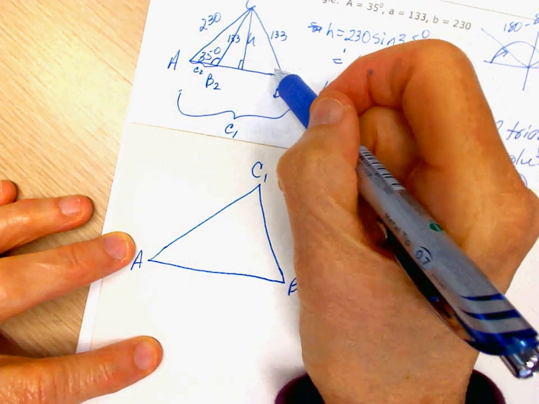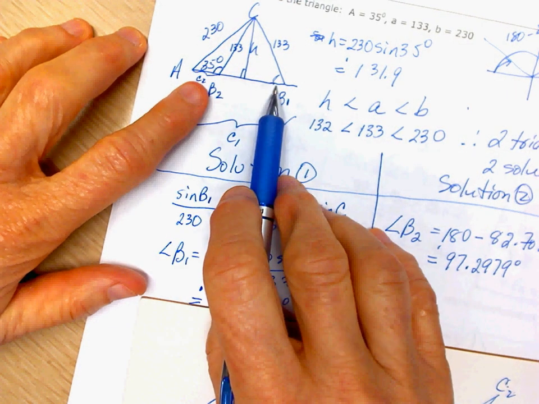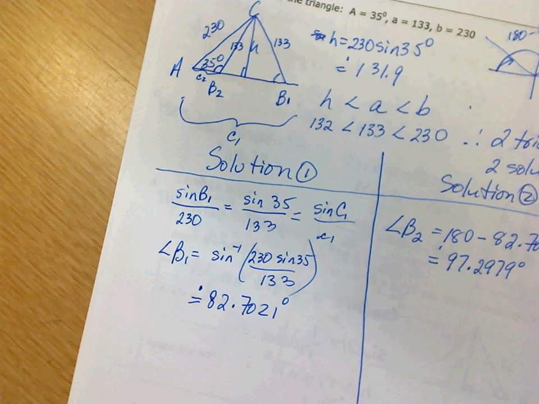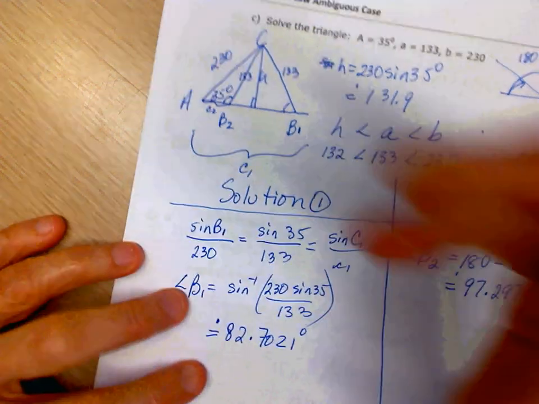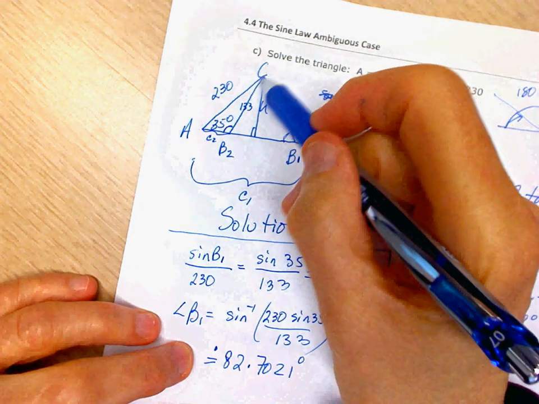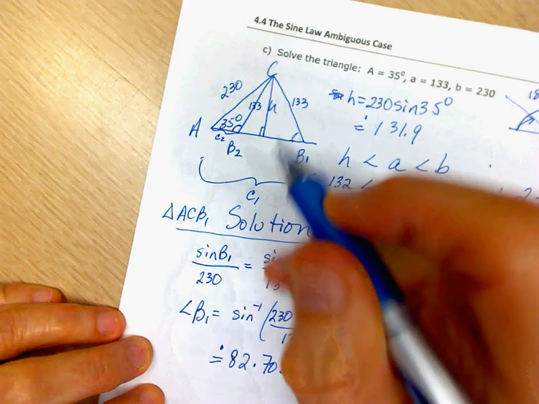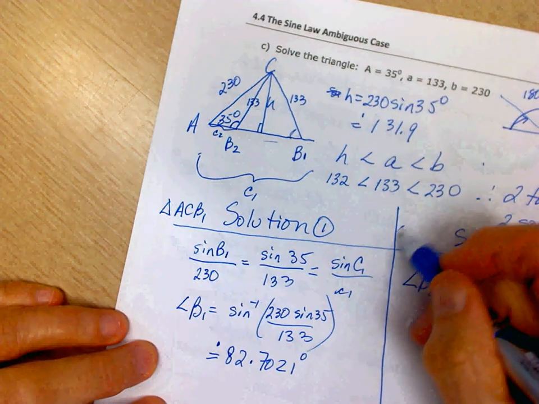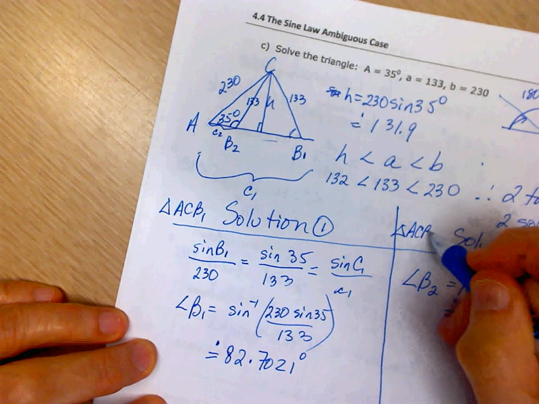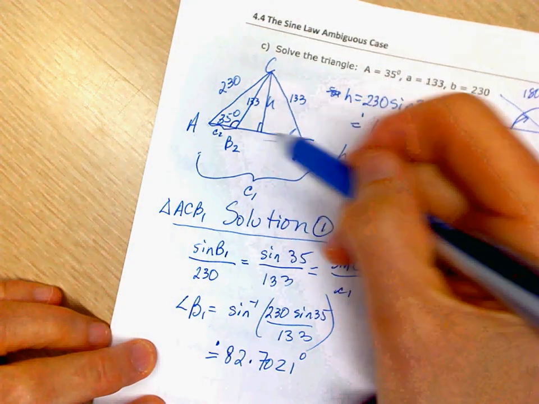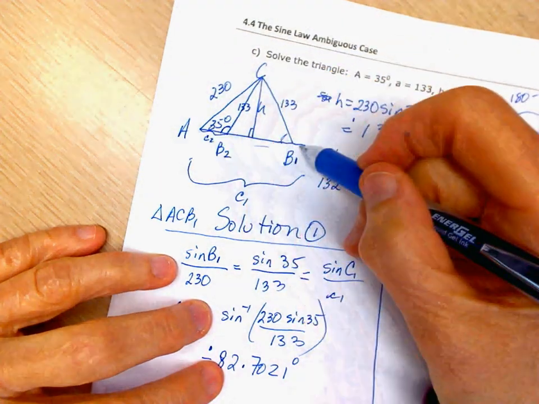This one's larger than 90, this one's less than 90. Yes? So are the two triangles the one on the left and then the whole thing, or the one on the left and the one on the right? Okay, solution 1 is triangle ACB1, this big triangle. Solution 2 is triangle ACB2. So the one on the right is not a triangle of interest. The guys of interest are this guy and this guy. Okay?